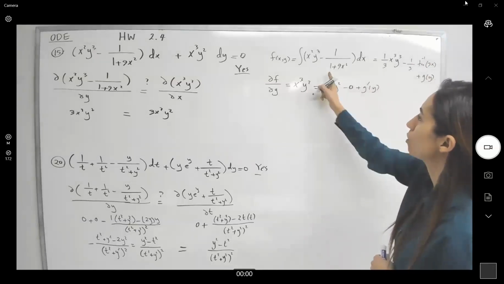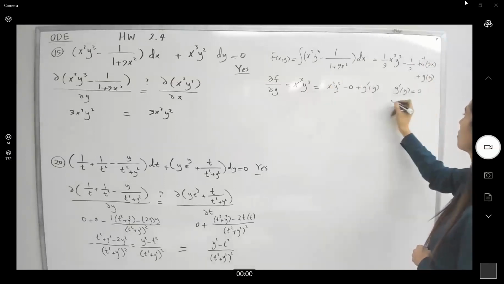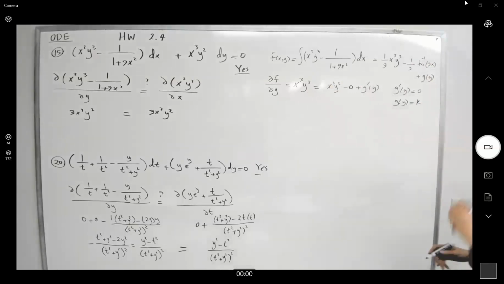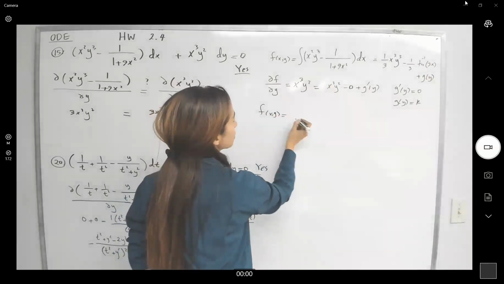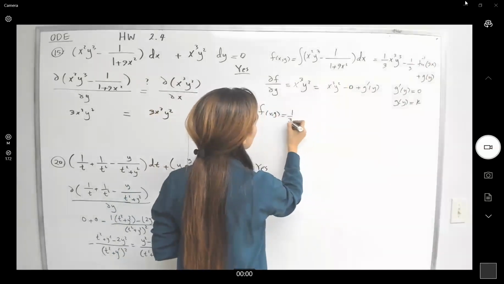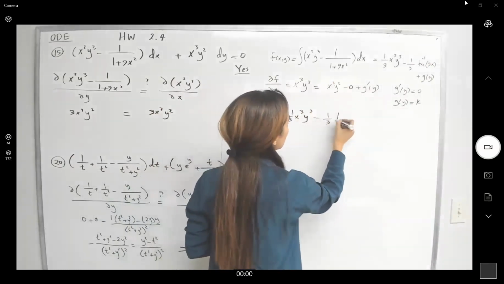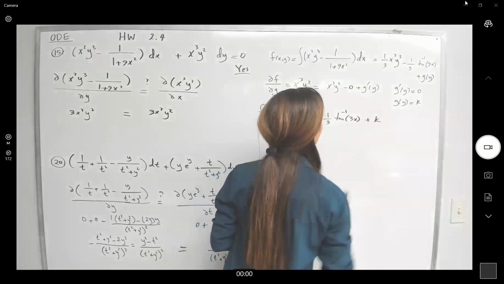These two terms are equal to each other, so you can cancel them out. g prime of y becomes 0, or g of y is just a constant. So f of x and y, the solution, becomes a third x cubed y cubed minus a third inverse tangent 3x plus k.